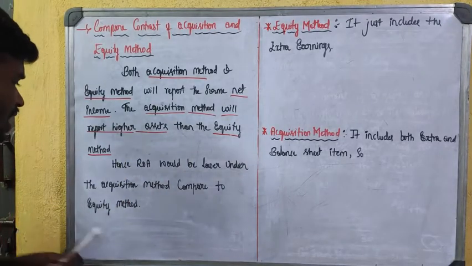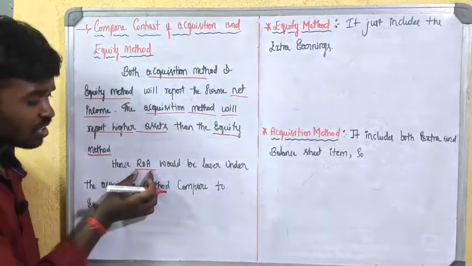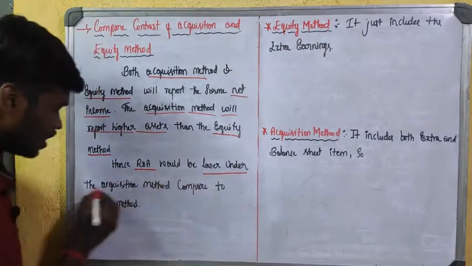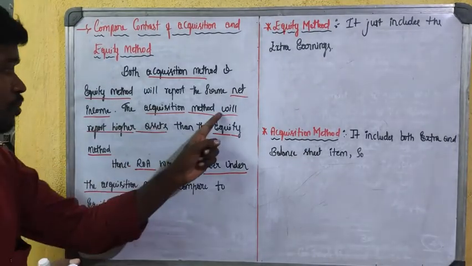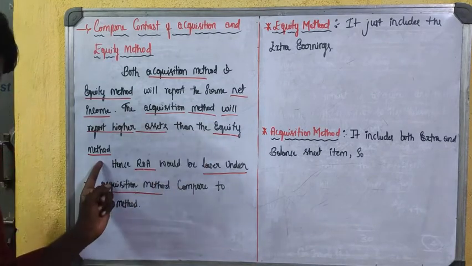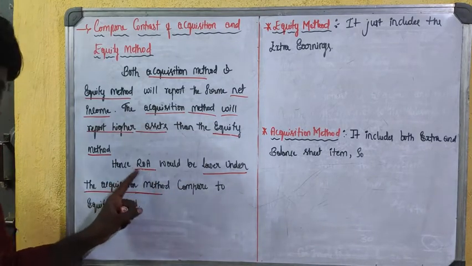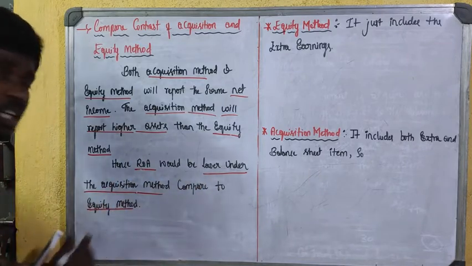So here see, observe, hence the return on asset, ROA, in the sense return on asset, would be lower under the acquisition method. So when the acquisition method reports a higher value of asset compared to the equity method, then the return on asset will be less under the acquisition method compared to the equity method.